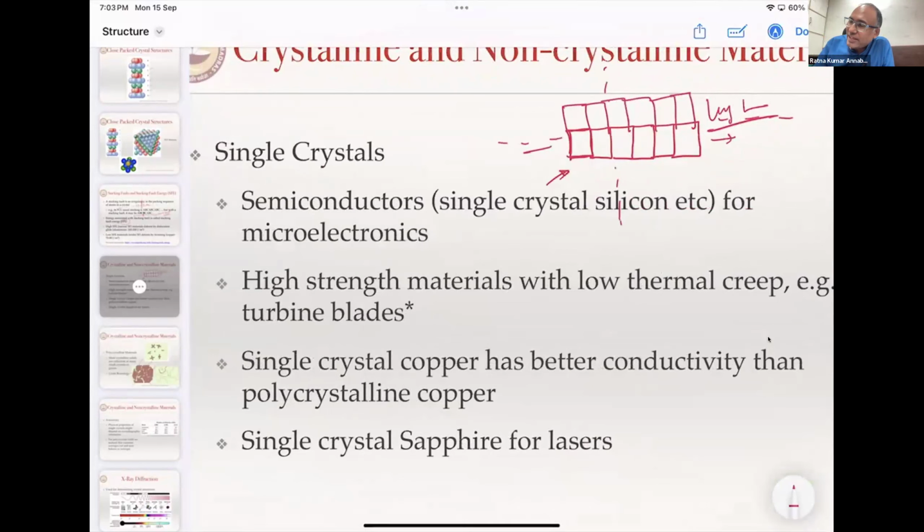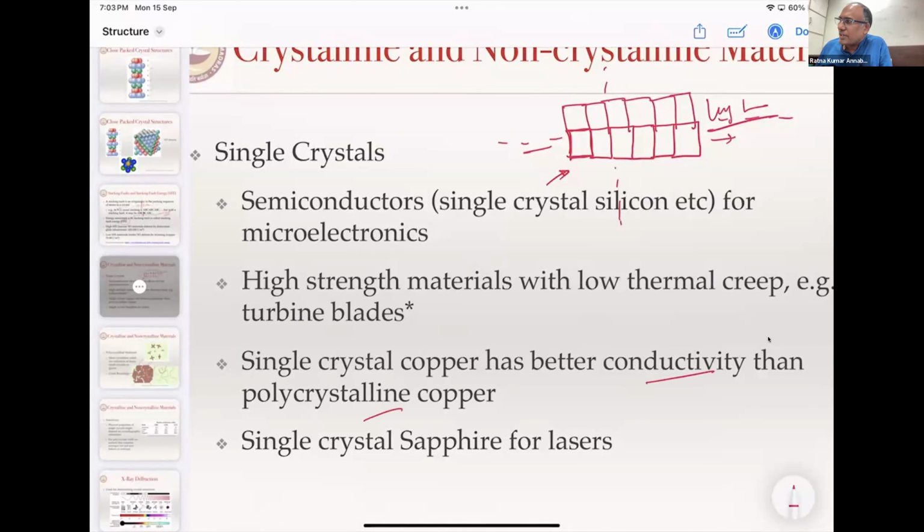You can have the same material as a single crystal counterpart, or it can also appear in polycrystalline form. A single crystal material is useful in some aspects, whereas a polycrystalline material will be useful in other aspects. For example, single crystal copper has better conductivity than polycrystalline copper. But polycrystalline copper is stronger than single crystal copper.